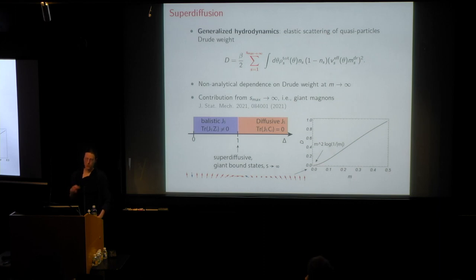When you look into the quasi-particle picture, it appears to be predominantly caused by giant bound states, so magnons with a very large number of bound magnons, and it can be seen essentially as some very slow rotation of the vacuum state.